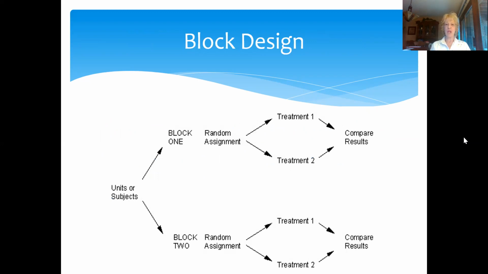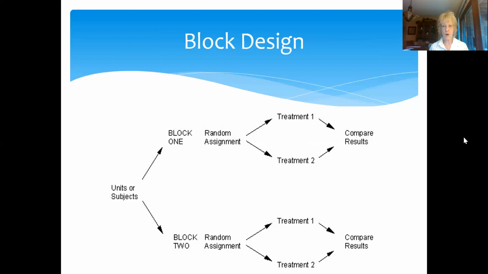So the block design is one where, remember when we were talking about the circle and how things evolved. The block design is used if you think there are variables that might explain differences that you really want to build into your design. So we were talking about the example of physical activity by gender.